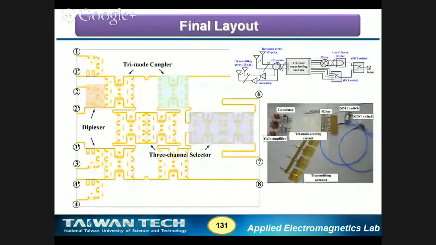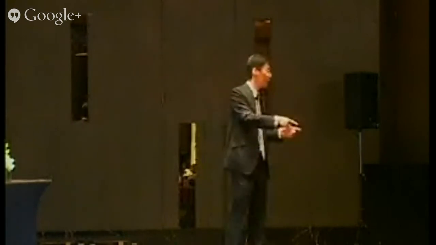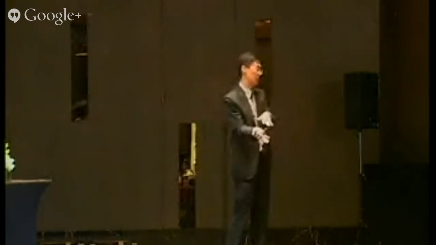For this one, of course, it's very large, a very large PCB board. But if you convert it into, for example, an IPD design, it could use inductance, capacitance and transmission line to realize such a tri-mode feeding network.